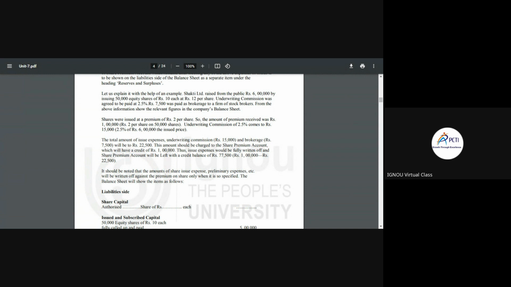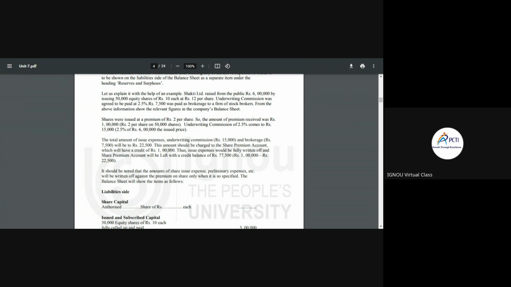And we have an underwriting commission of 2.5%. We charge it on 6 lakh, which is our issue price given in the question. So 6 lakhs multiplied by 2.5%, the amount will be 15,000. So the underwriting commission is rupees 15,000.